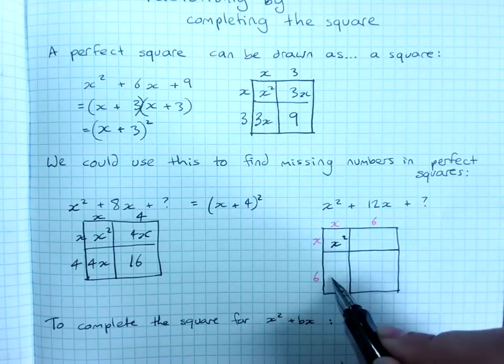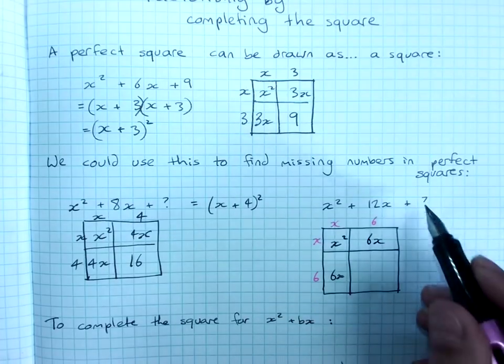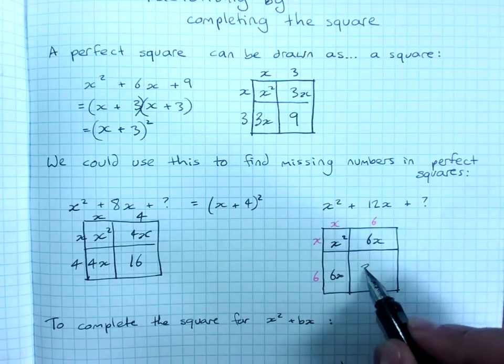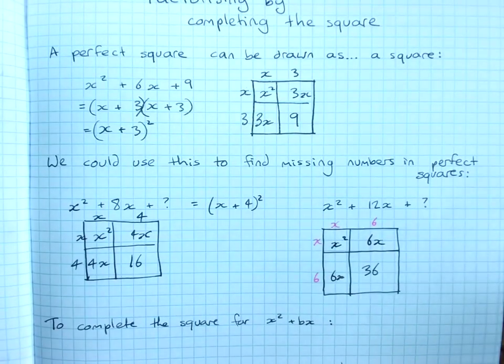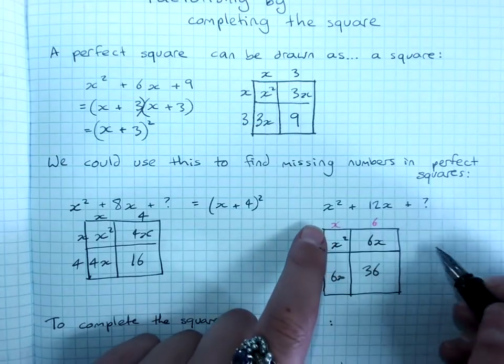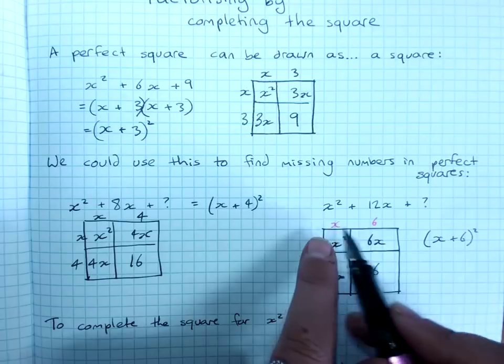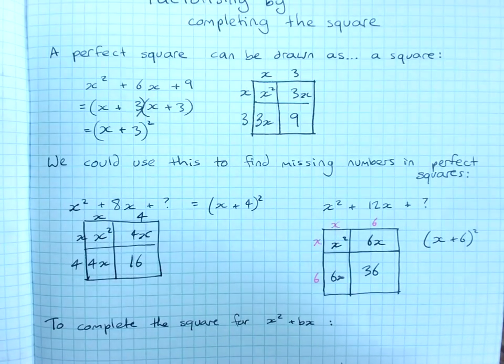So x times 6 is 6x, 6 times x is 6x, and so this missing number here, 6 times 6, is 36. So I've found the missing number in a perfect square. And incidentally, I've worked out what the factorizing would be, which is x plus 6 squared, x plus 6 times x plus 6.